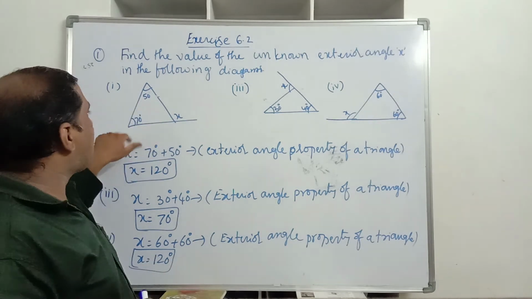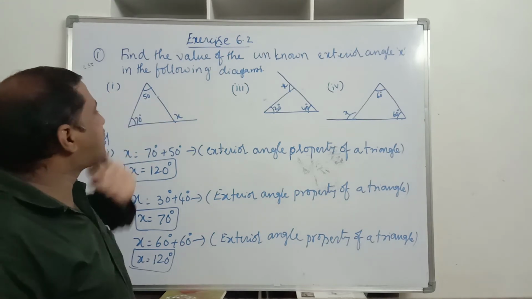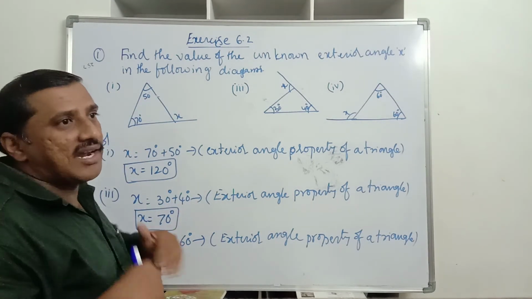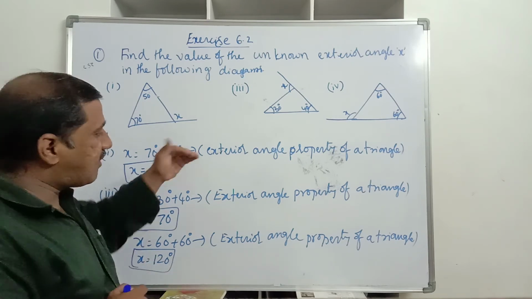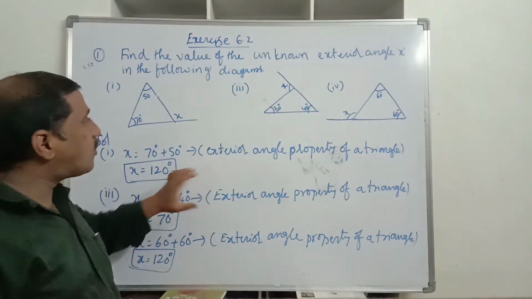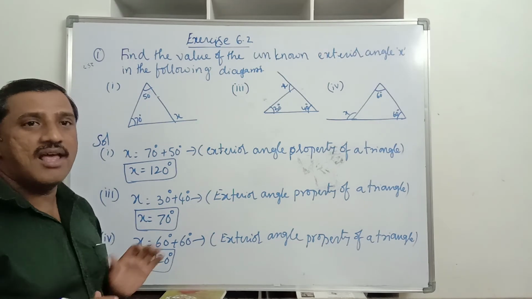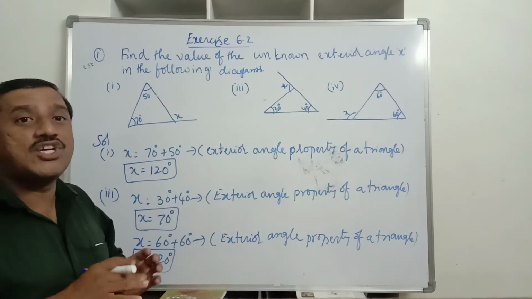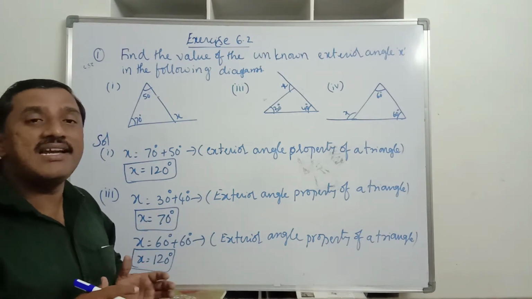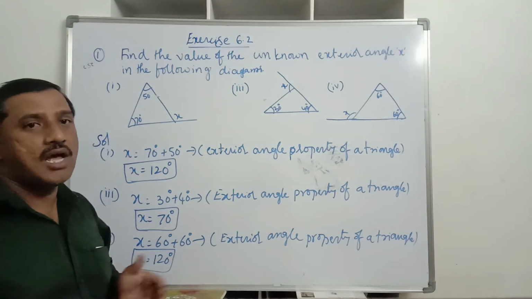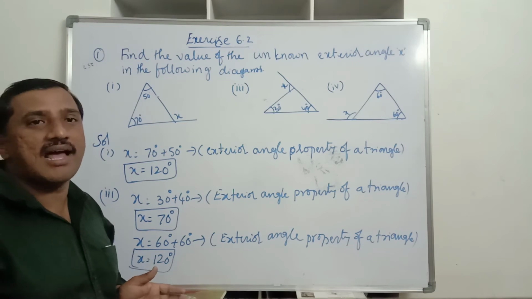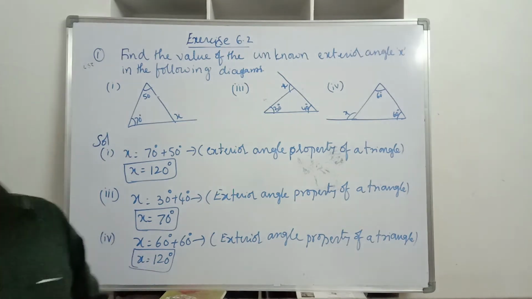Did you understand how to find the exterior angle of a triangle? Just by adding the measures of the interior opposite angles, we get the measure of the exterior angle of a triangle.